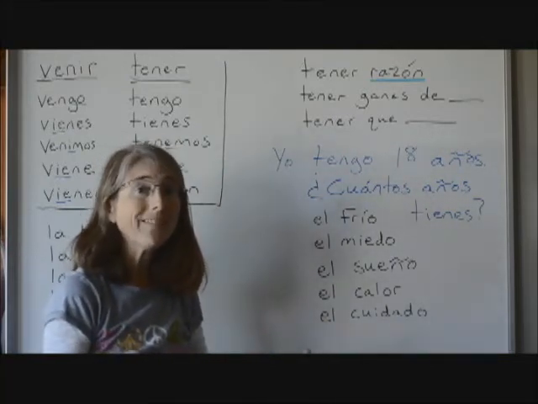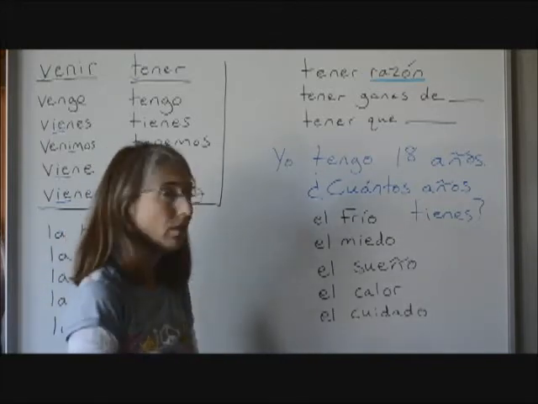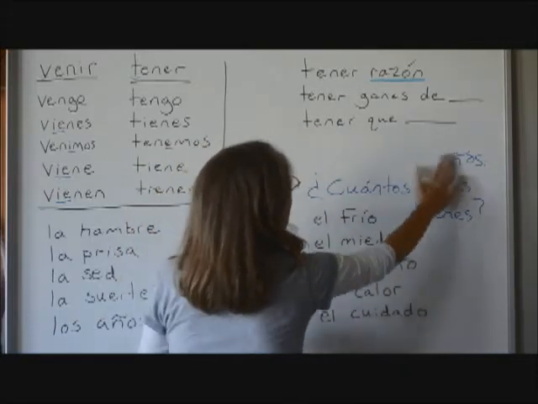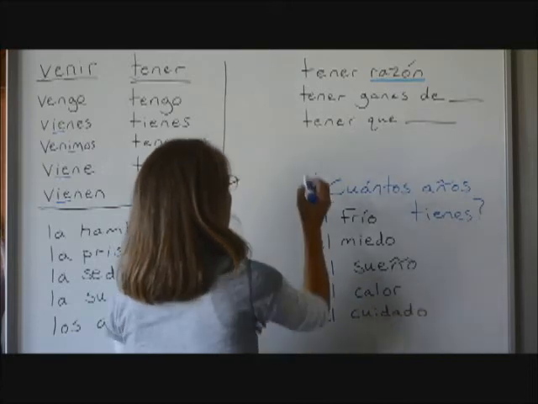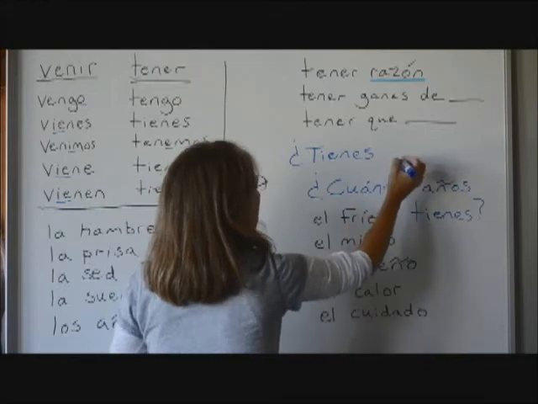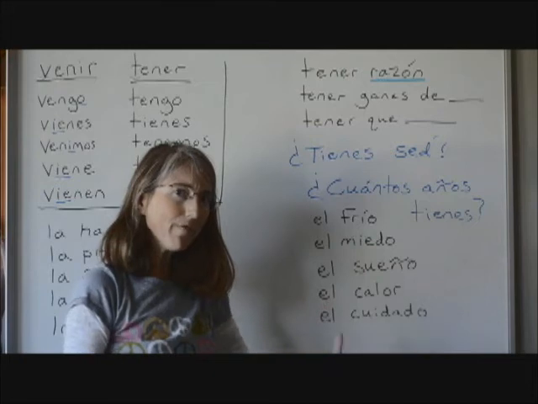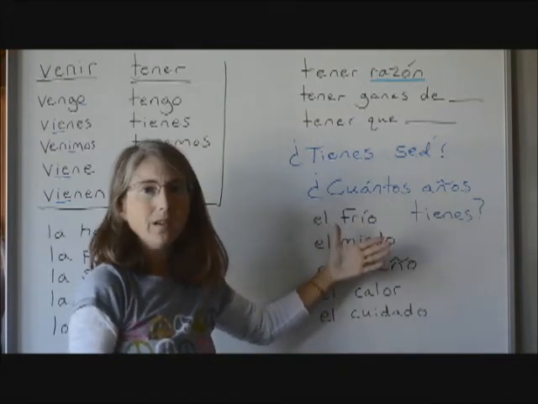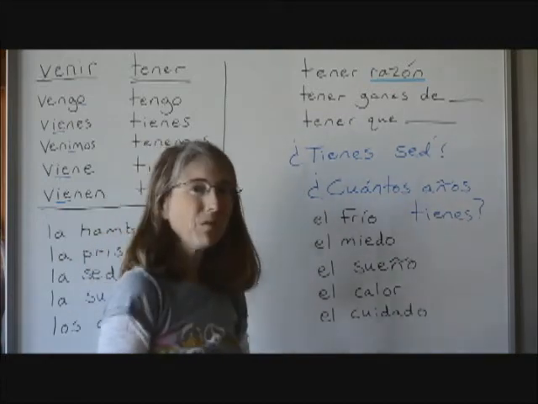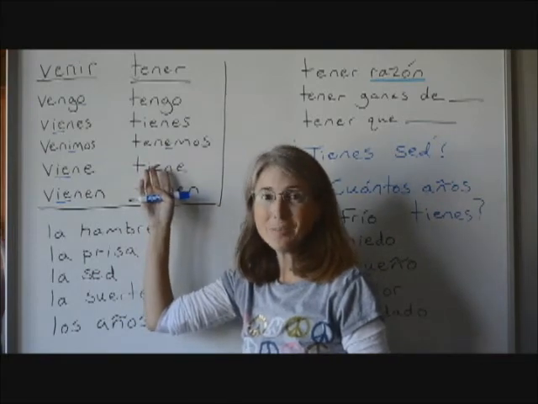If you want to ask somebody if they're thirsty, you can't ask them if they are thirsty. You have to ask them if they have thirst. So you would ask, ¿tienes sed? Do you have thirst? ¿Tienes sed? And then the answer might be, sí, tengo mucha sed. Okay? So this is how we conjugate tener and venir in Spanish.